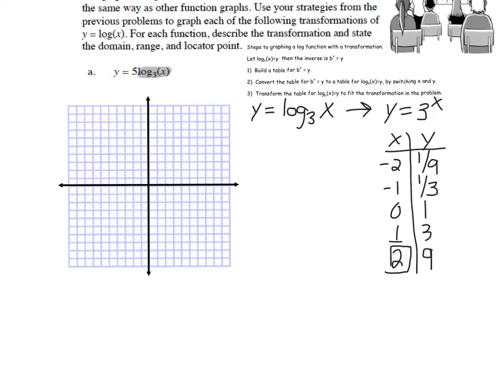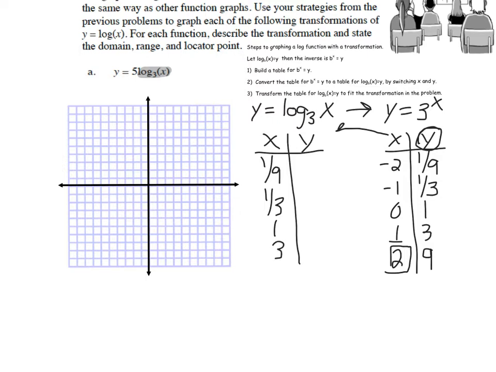And now I'm going to take that table and convert it into a table for log base 3 of x by switching my x and y values. So all of these output values for 3 to the x become my input values, 1/9, 1/3, 1, 3, and 9. All of the input values for 3 to the x become the output values, -2, -1, 0, 1, and 2.